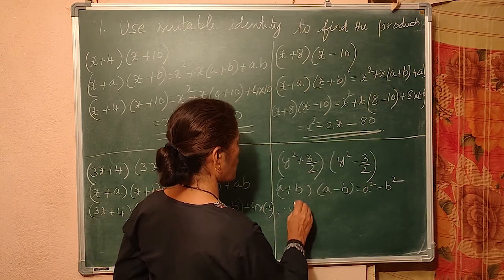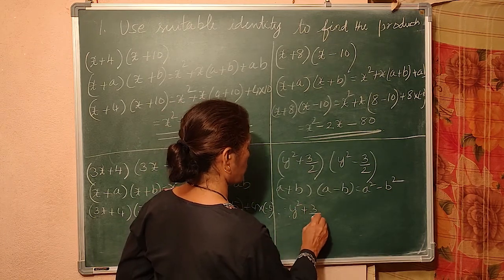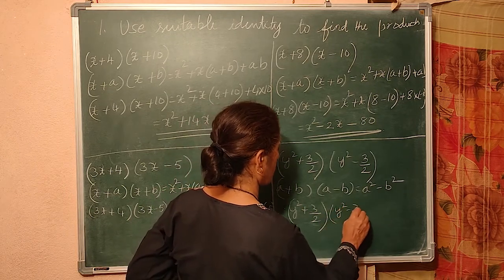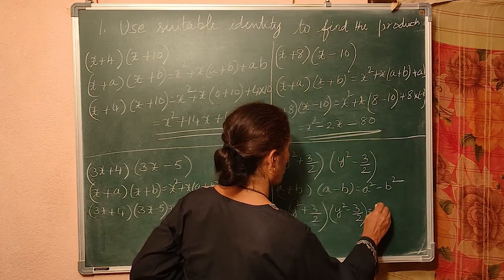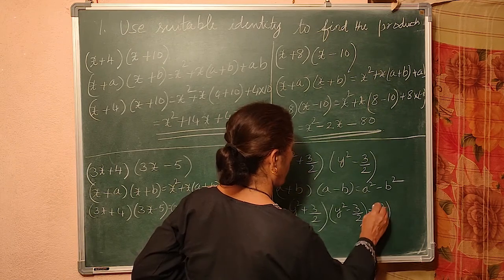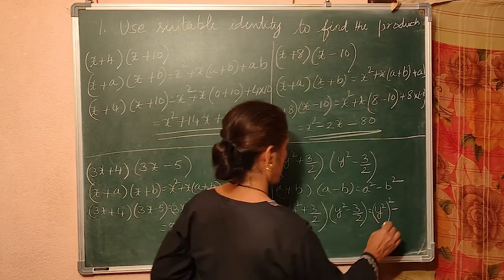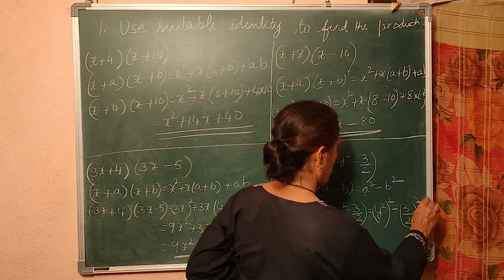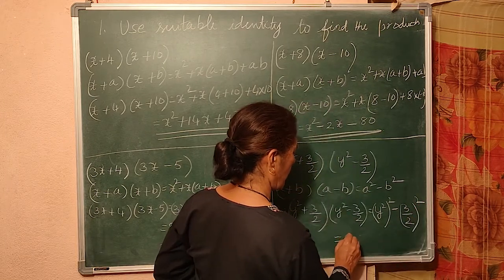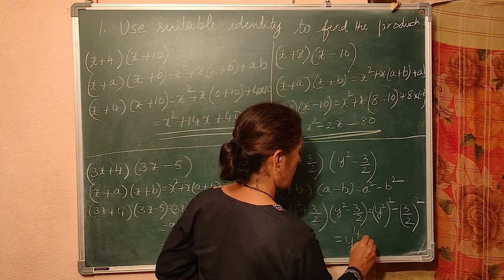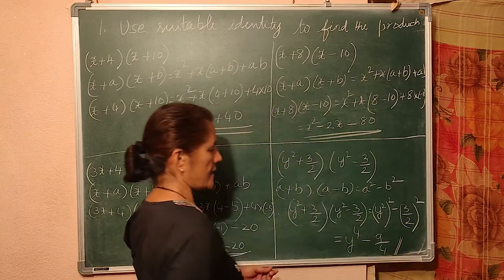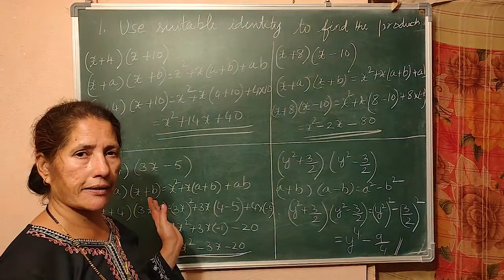Therefore, (y square + 3/2)(y square - 3/2) is equal to (y square) whole square minus (3/2) whole square, which is equal to y to the power of 4 minus 9/4. So this is your final answer.